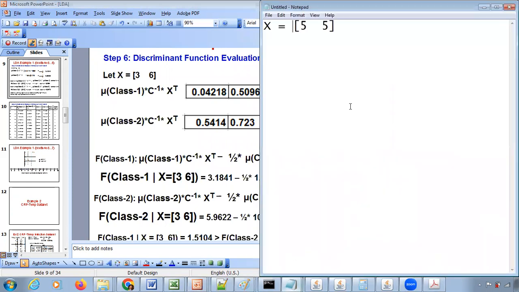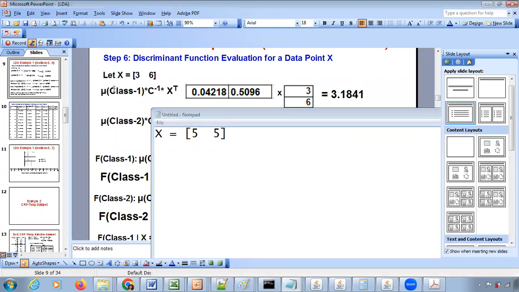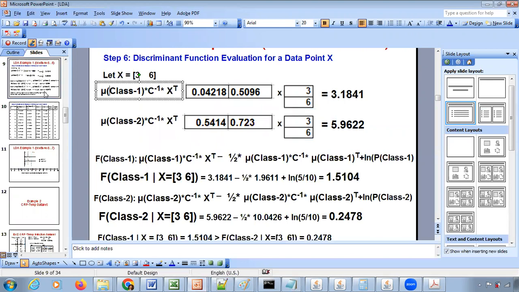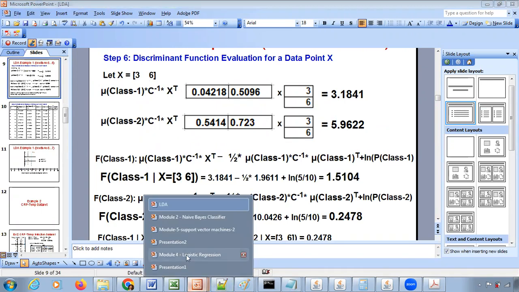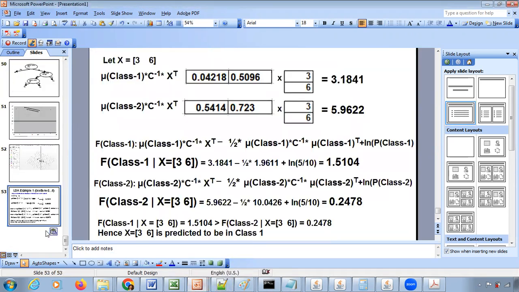I can do this in a PowerPoint slide more easily. Okay, so 5.5 is my test record.